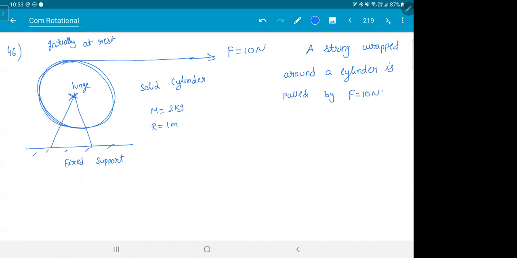If you put your cycle on a stand and rotate the back wheel, the wheel will not roll. It will just rotate there. The center point is fixed. So the question is, find alpha, that is angular acceleration, omega, and angle rotated after 10 seconds. So after 10 seconds, what is omega and how many times the wheel rotated?